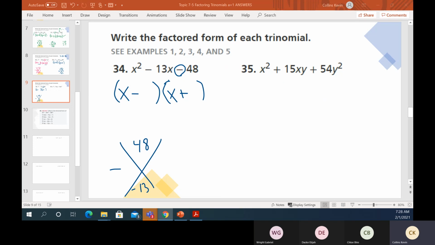All right, so let's talk about what we had before, right? So we know 1 and 48 are too far apart, right? Because they're 47 apart from each other. Not good. 2 and 24, they're 22 apart. Yeah. How about 3 and 16?